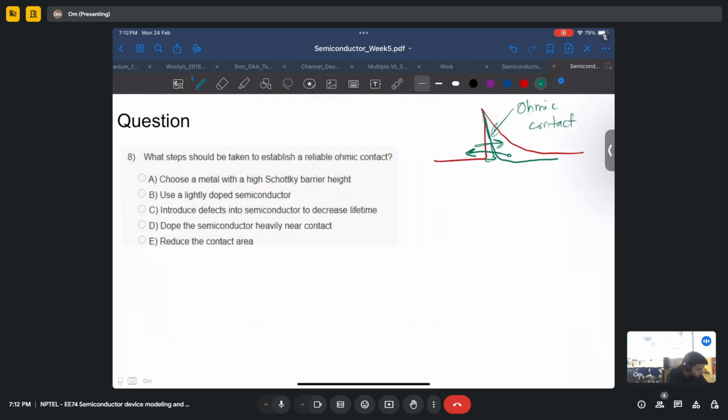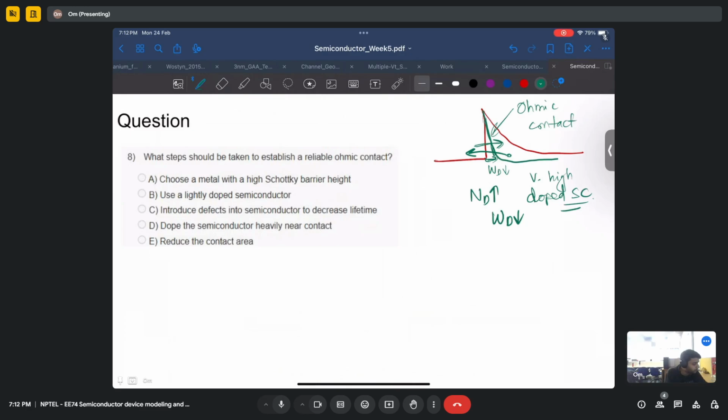And this depletion width we can only reduce when we have a very highly doped semiconductor, right? So when there is more charge, more potential will drop within less area. That's why we'll have very little depletion width. Doping will increase, WD will decrease.